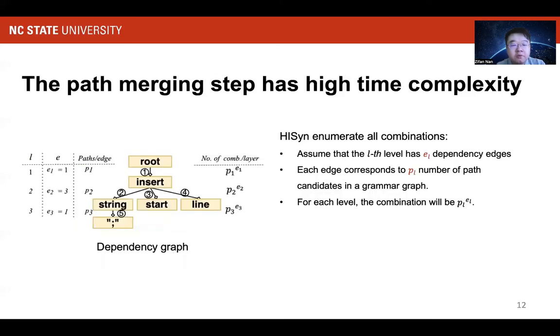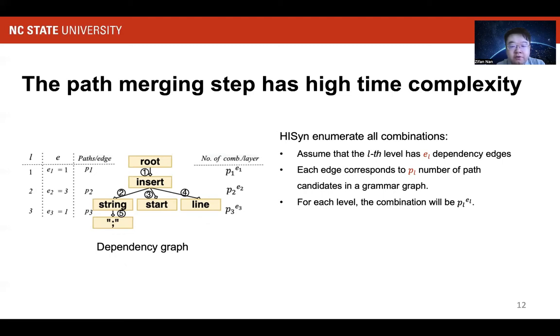But we can look at the example, which shows that the path merging step actually has a very high time complexity. Because Hisyn enumerates all combinations, we can assume the whole dependency graph has L levels, and it has E dependency edges in each level.